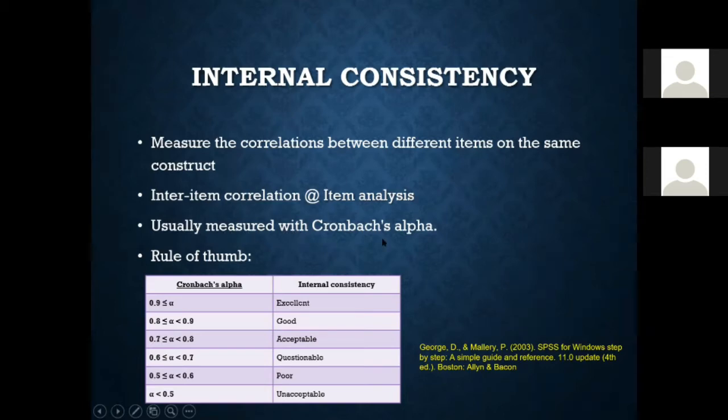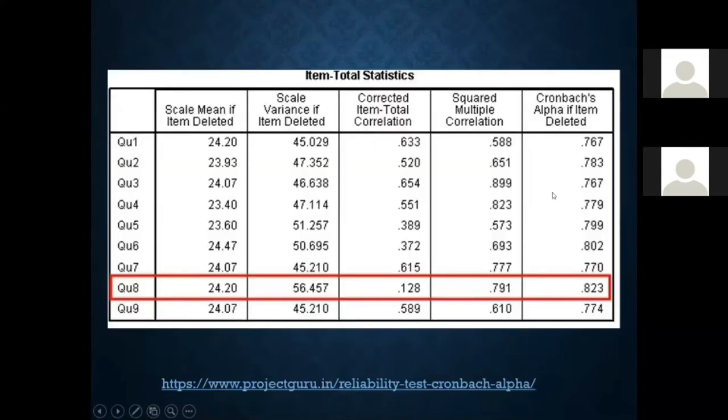Usually measured with Cronbach alpha. Usually. But we have a new school of thought about this one. The rule of thumb for Cronbach alpha is that more than 0.7 is acceptable. So this is how to do Cronbach alpha: Analyze, Scale, Reliability Analysis.